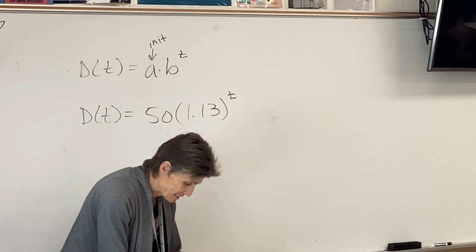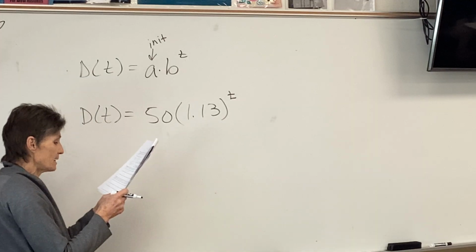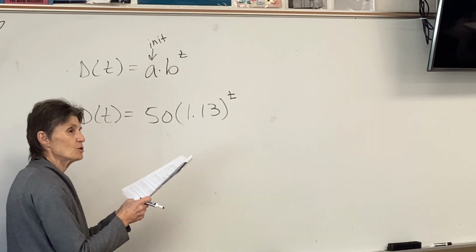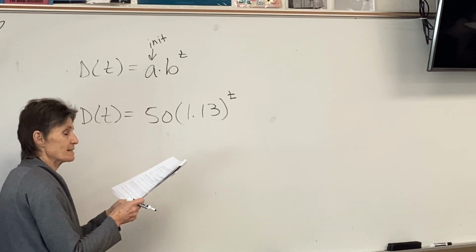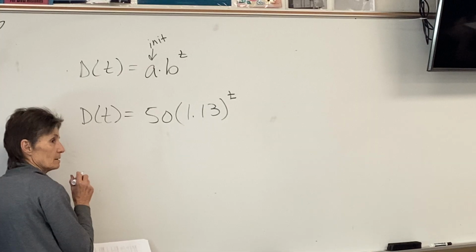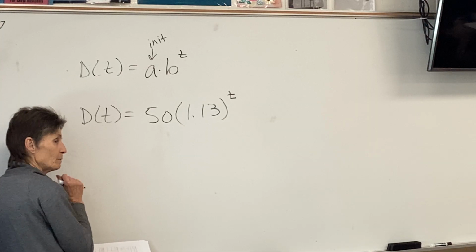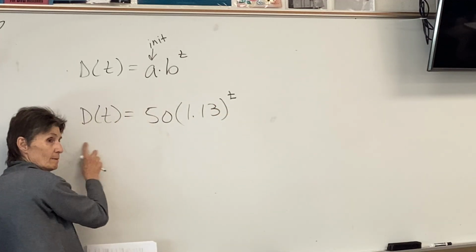Find the time T when the population of deer in the wooded area is expected to reach 5,000. Now, what's that going to look like? We're going to put 5,000 in, but not up here. We're going to put it right here, aren't we?